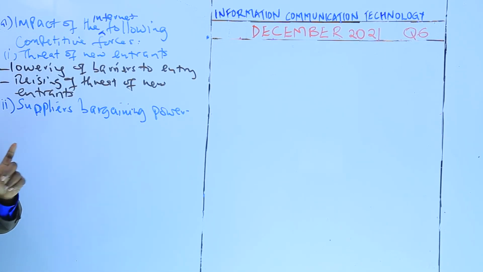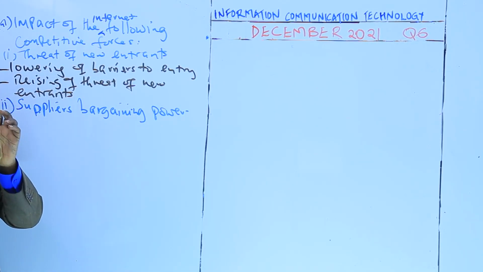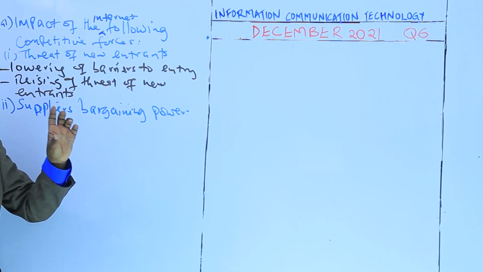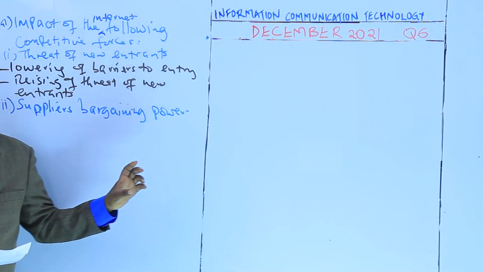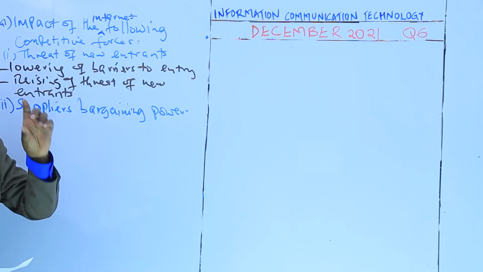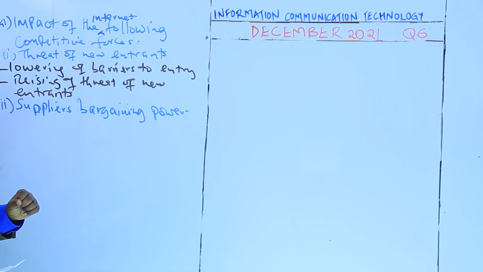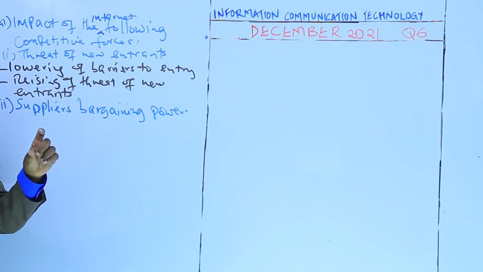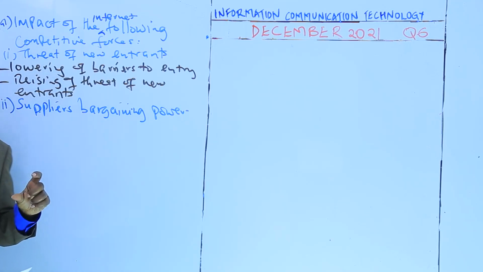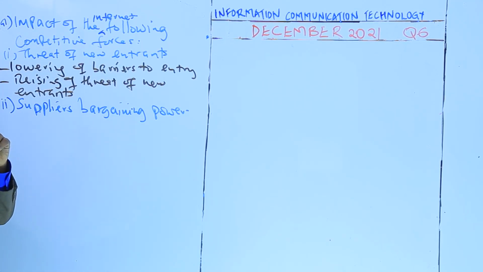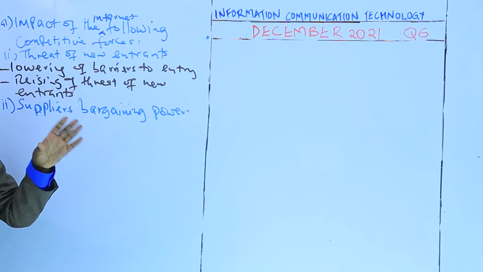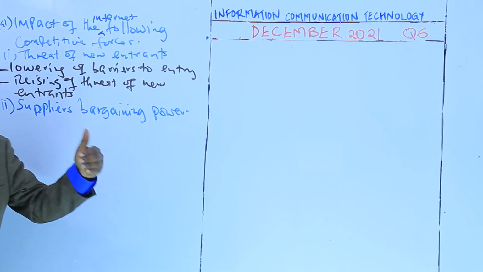I'll first of all say that the internet has enabled suppliers to reach a wider customer base and sell their products or services directly online. This increased reach and accessibility have given suppliers more options and opportunities to connect with potential buyers, reducing their dependence on traditional distribution channels.